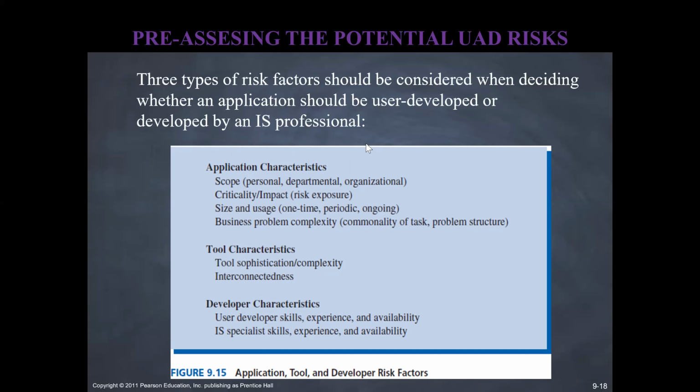Oftentimes the systems get heavily complex and they hit a roadblock and they need IT's help, and IT can't help because the system isn't certified or hasn't passed a security check or what have you. There's a slew of risks, but obviously user developed systems do exist out there. I considered them another way of outsourcing, either by necessity or by design.